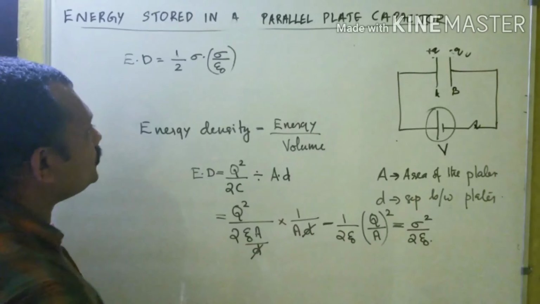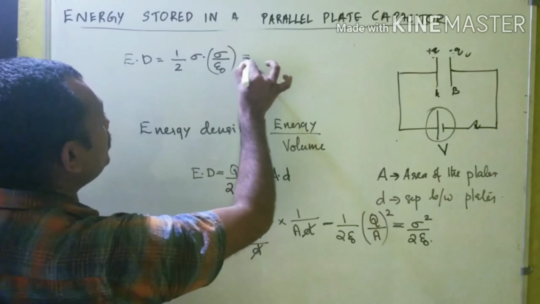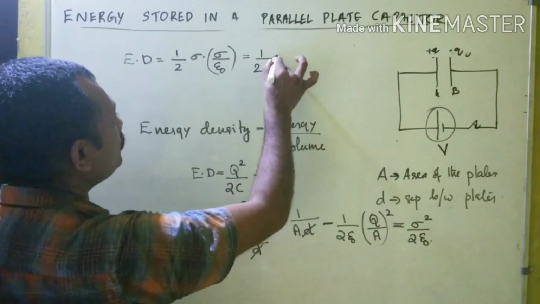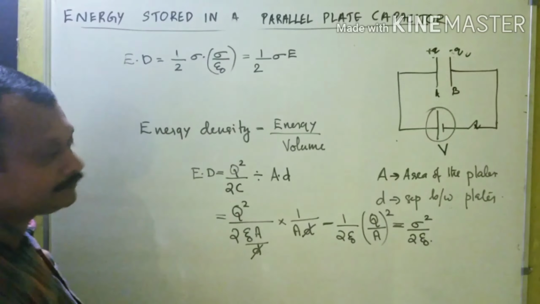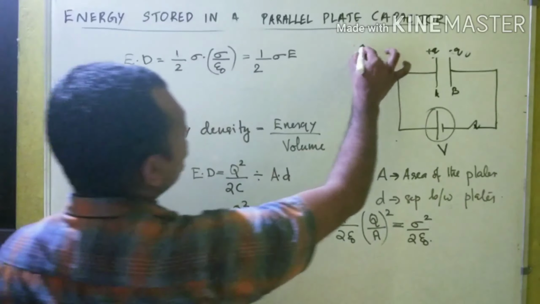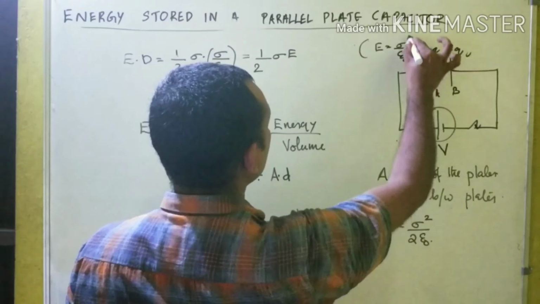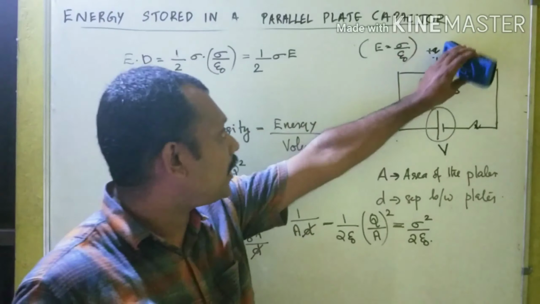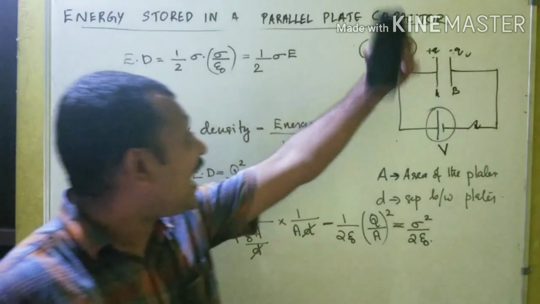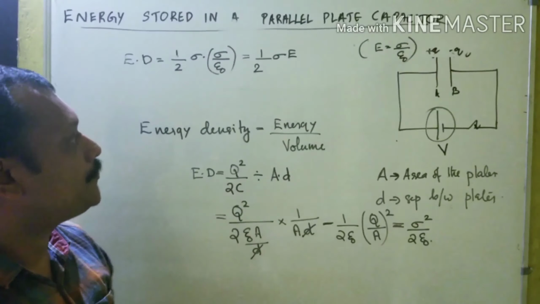That is the electrostatic field between the plates of a parallel plate capacitor. This is half into sigma into E, where E is equal to sigma by epsilon 0. The electrostatic field between the plates of a parallel plate capacitor with the air as the medium between the plates is sigma by epsilon 0.